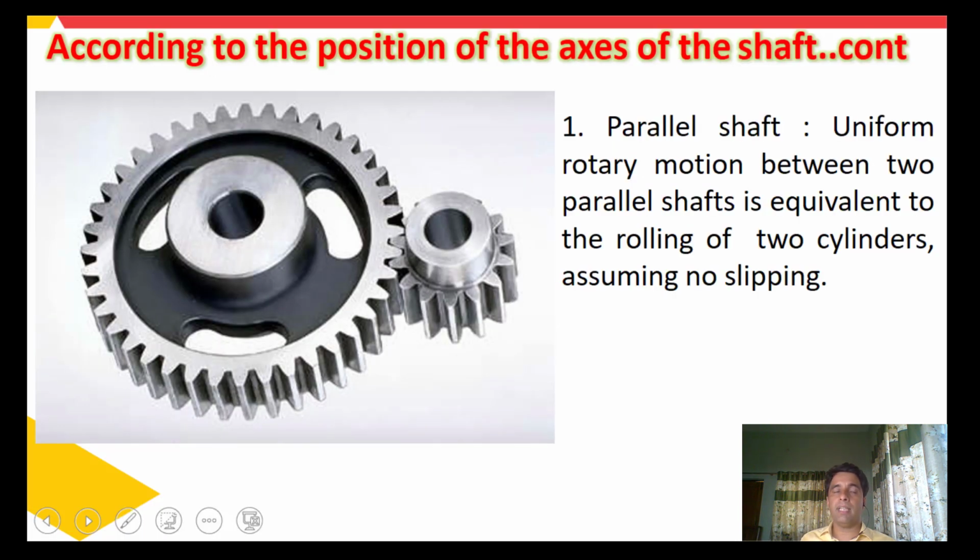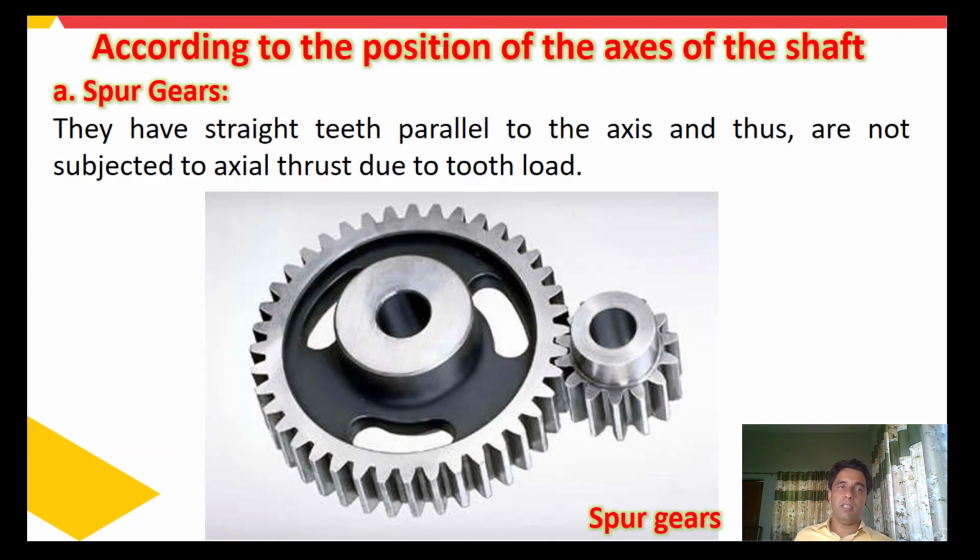Now, next category is according to the position of the axis of the shaft. If you would like to join parallel shafts, then kinematically we can say a uniform rotary motion between two parallel shafts is equivalent to the rolling of two cylinders, assuming no slipping. Now you can see the spur gears have straight teeth parallel to the axis and thus are not subjected to axial thrust due to tooth load.